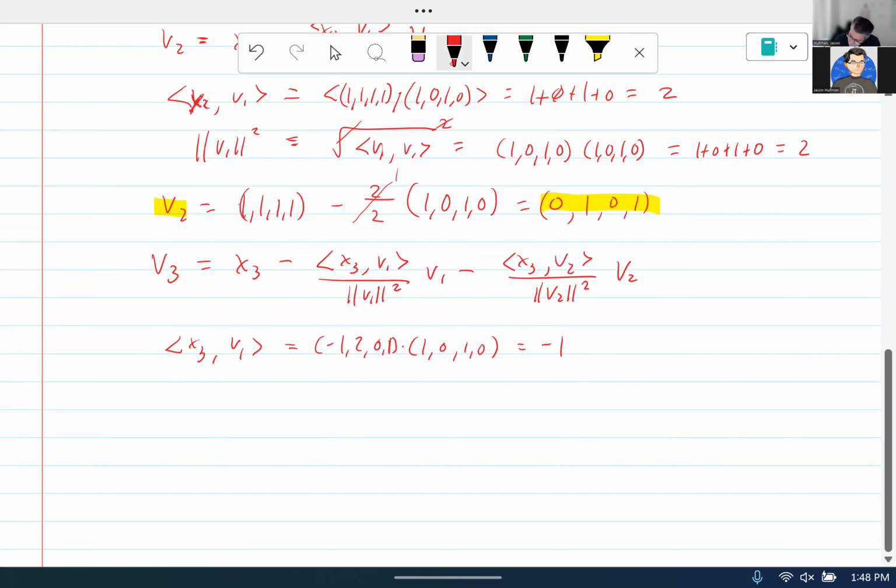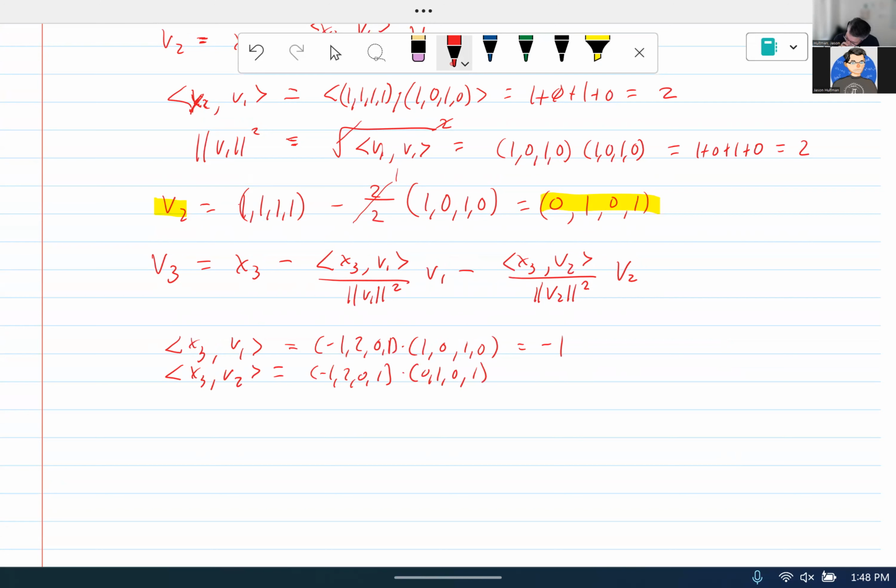Let's find the inner product for x3 and v2. The inner product for x3 and v2: negative 1, 2, 0, 1, and then what was v2? It was the opposite of this. It was 0, 1, 0, 1.